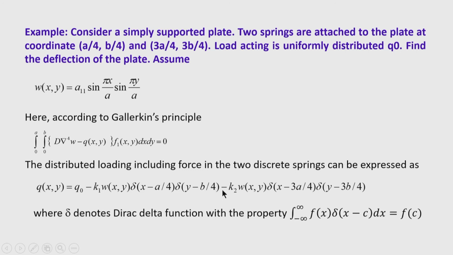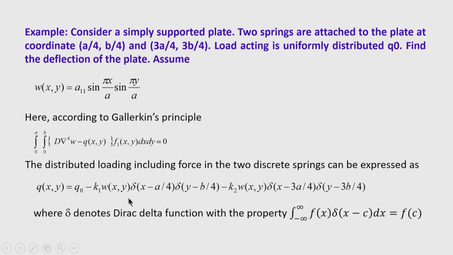Similarly, for the second spring, attached at the point 3 a by 4 comma 3 b by 4, the upward resisting force offered by the spring is K 2 W x y, that is the deflected surface evaluated at this point, and it is represented mathematically with the help of the Dirac delta function: Dirac delta with argument x minus 3 a by 4 into Dirac delta with argument y minus 3 b by 4. So, this is the loading that is expressed for the springs.